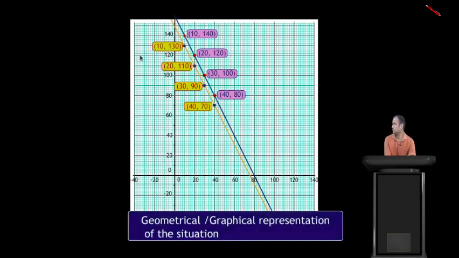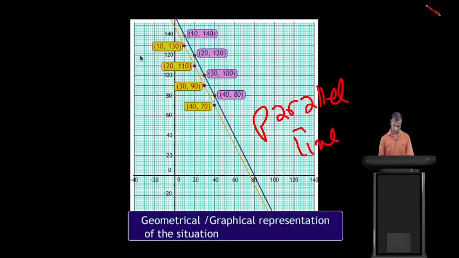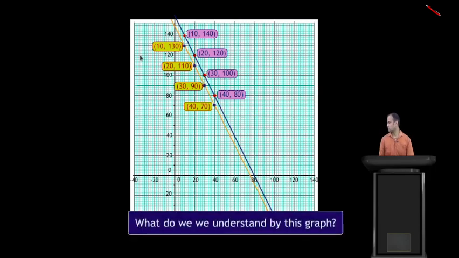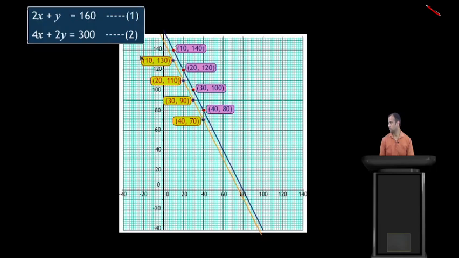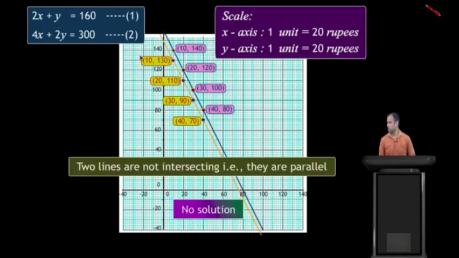Here you can see the geometrical or graphical representation of the equations. It's a parallel line. So two lines are not intersecting, that is, they are parallel. So we have no solution for these equations.